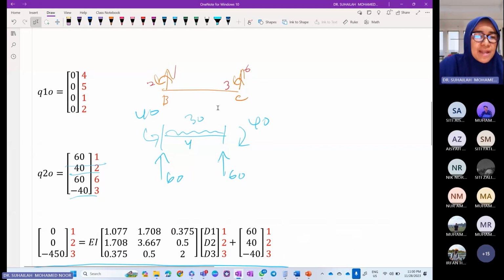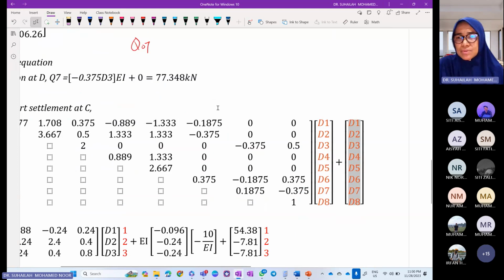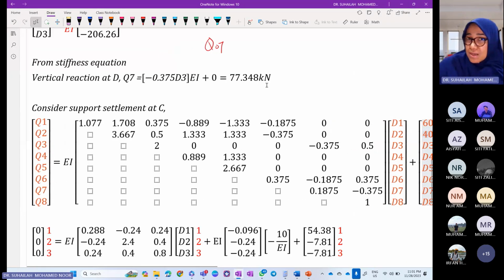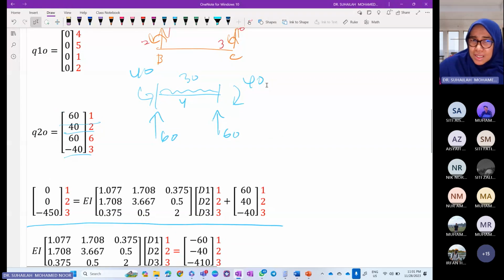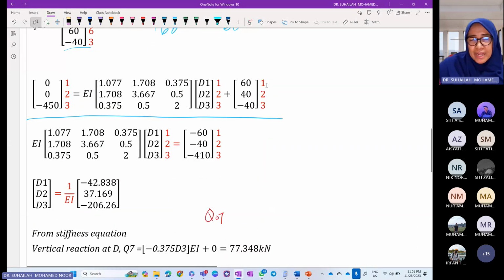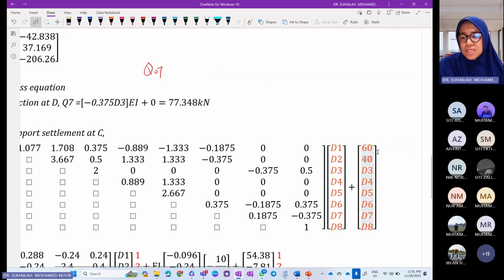1, 2, 6, 3 ada value. So sini 1, 2, 60, 40, 60, 40, 1, 2, 1, 1, 1, 2. Lepas tu 3 negative 40, 3 negative 40, negative 40.